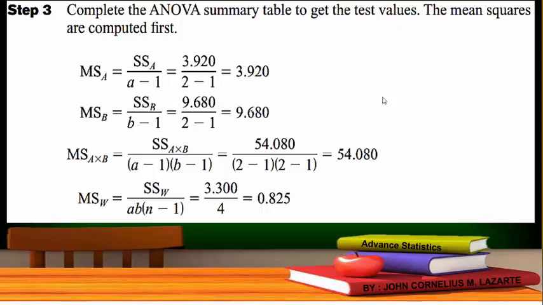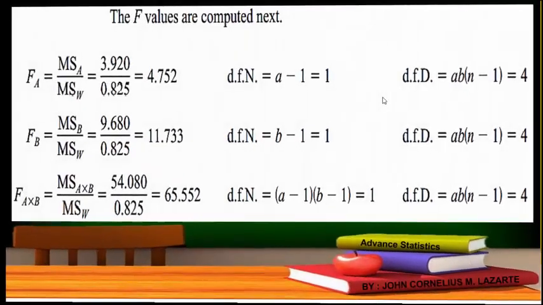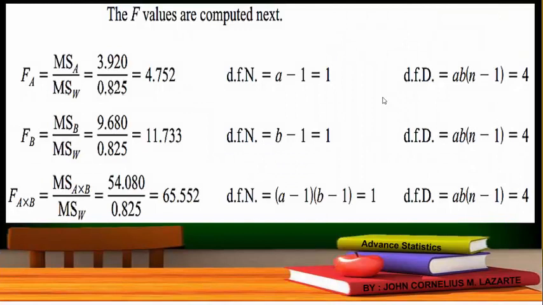And lastly, the mean square for the within group, we obtain it using the sum of the squares within groups or error divided by AB times quantity n minus 1. Substituting the given values, we obtain 0.825. Now, the next thing we're going to compute is the F values.